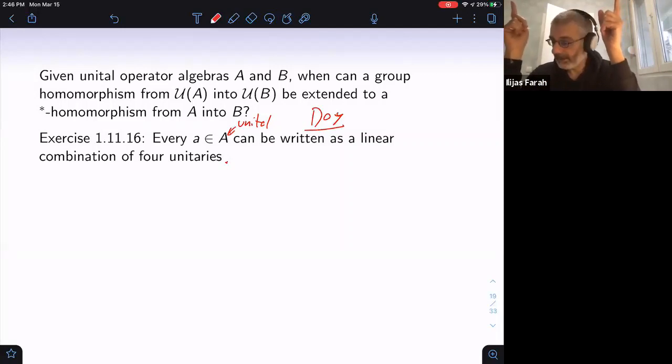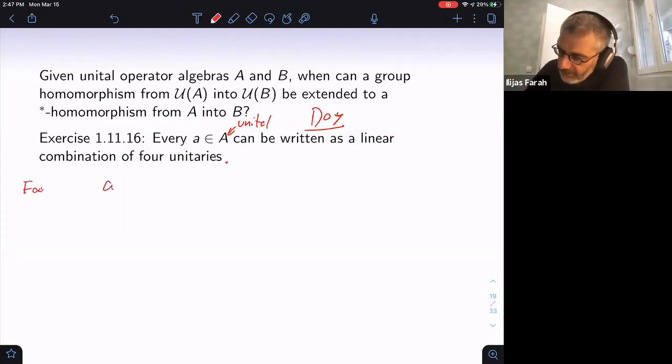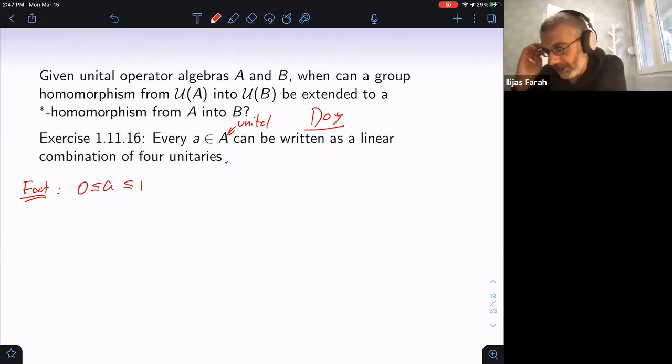Now, there is a little trick. Here is basically the key trick. If A is a positive contraction, between 0 and 1, then A is a convex combination of 2 unitaries.